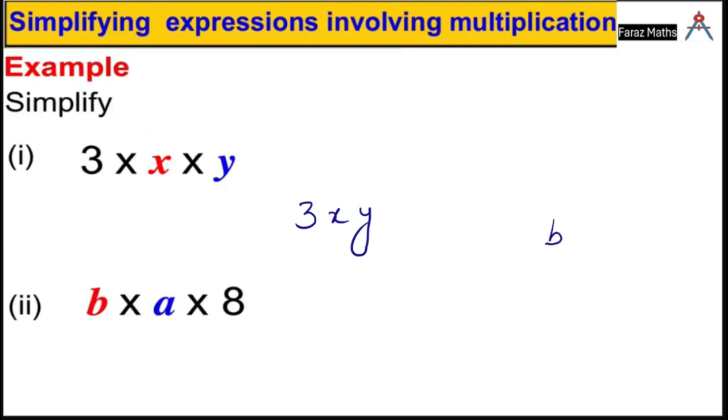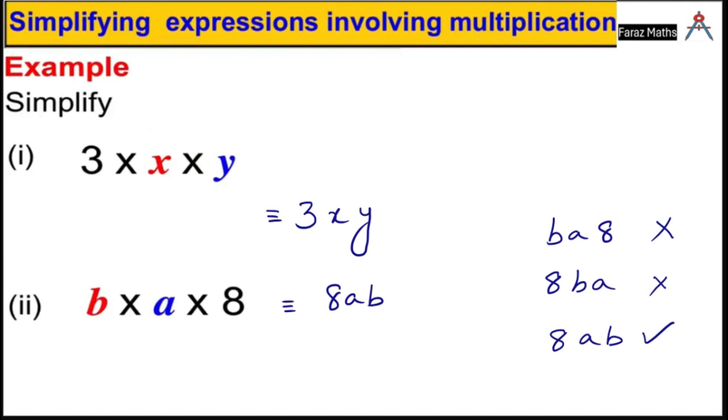I can write it as ba8, but that's not the standard way. I can write the number first, and then ba, but that is not in alphabetical order. A comes first, so I have to write 8ab. That's the standard way to write it.